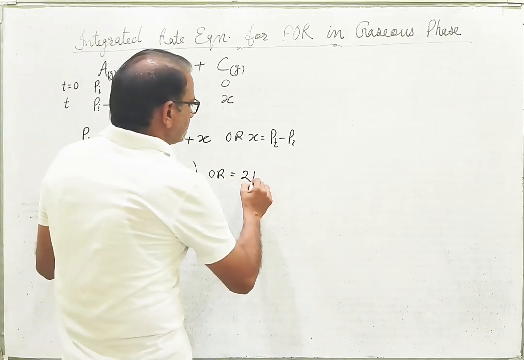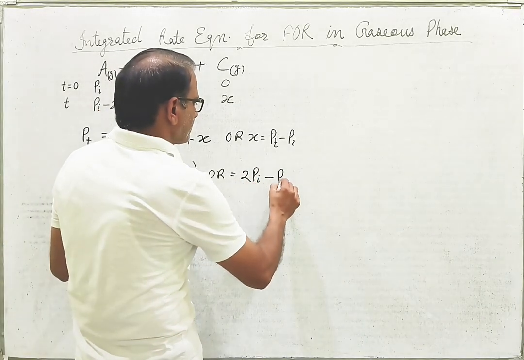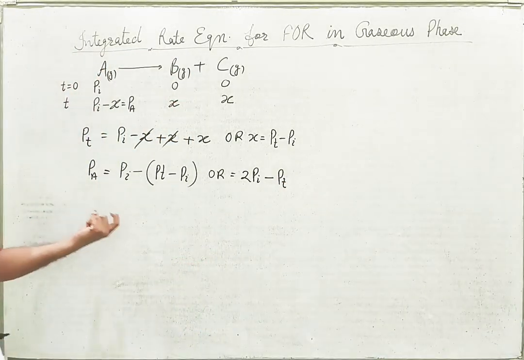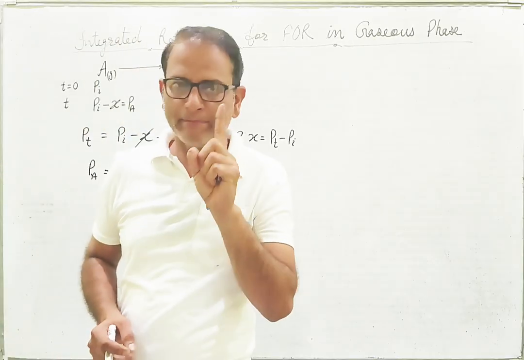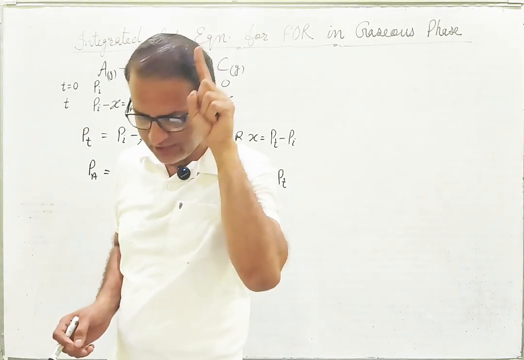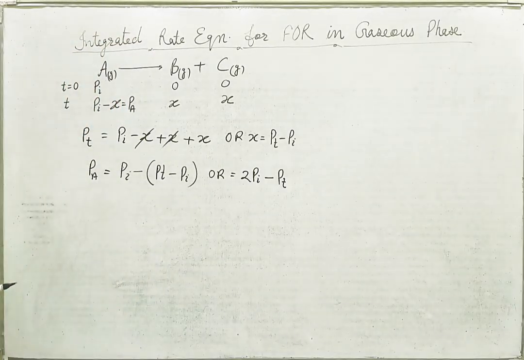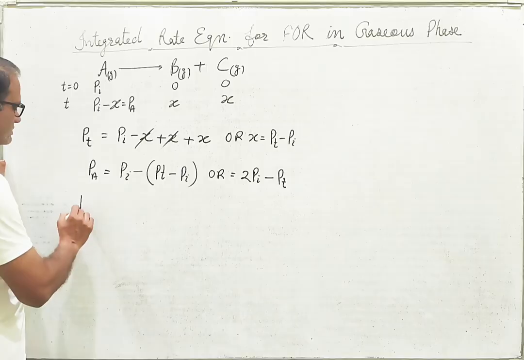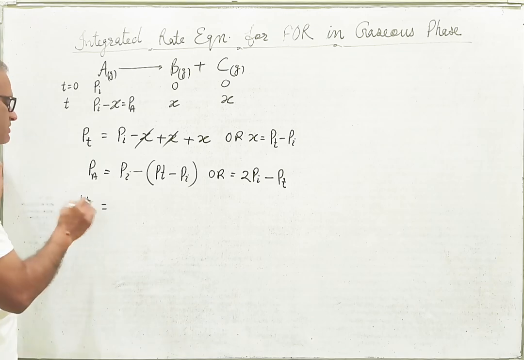So 2Pi minus Pt. This is the value of Pa at time t, 2Pi minus Pt. So now we can put it in the integrated rate equation for first order reaction. That was what? K1 is equal to, we are taking the final equation, K1 is equal to what?